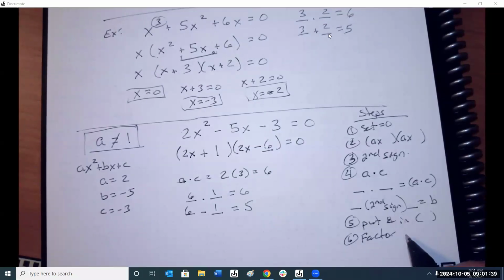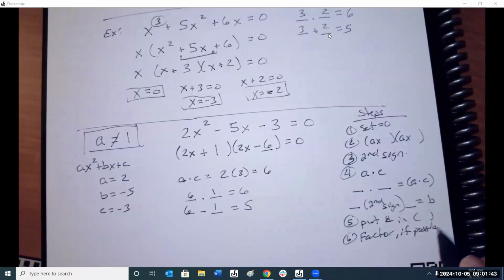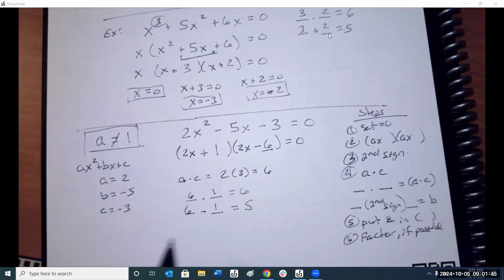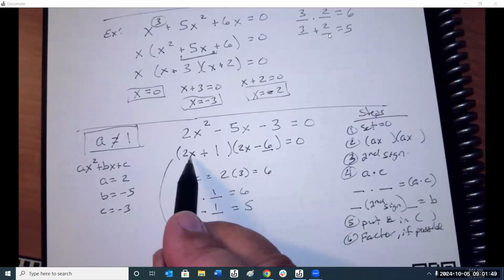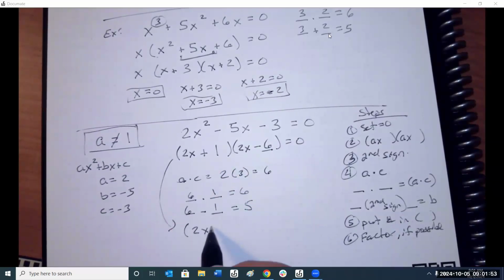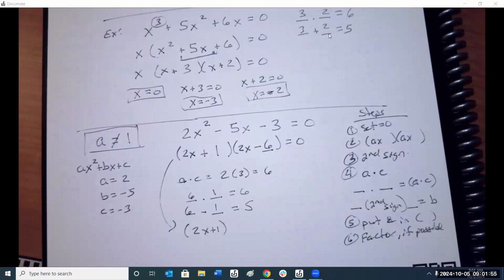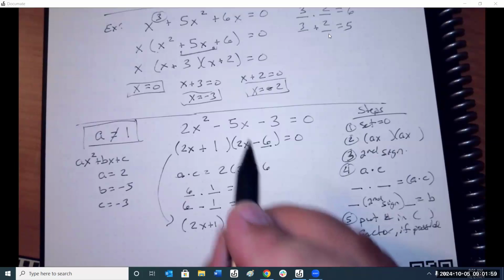Factor, if possible. So we have right here, can anything factor out of this first parenthesis? No. So it's 2x plus 1. Can anything factor out of the second? Yeah.